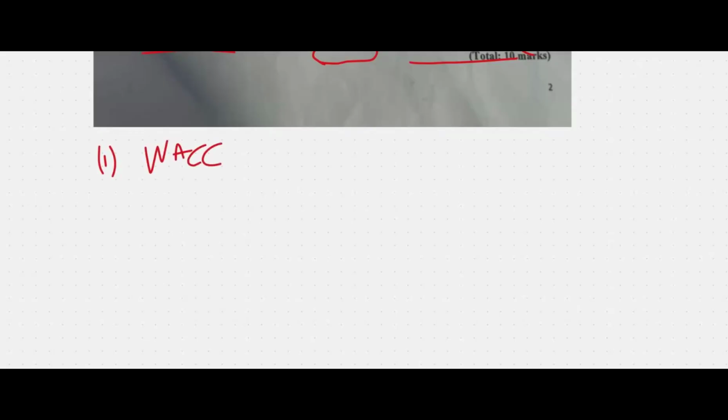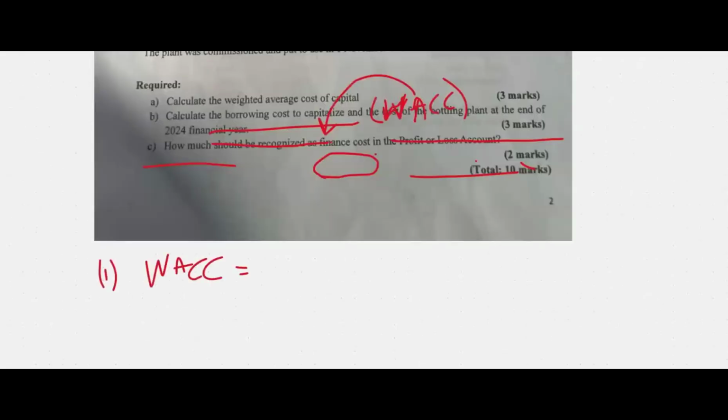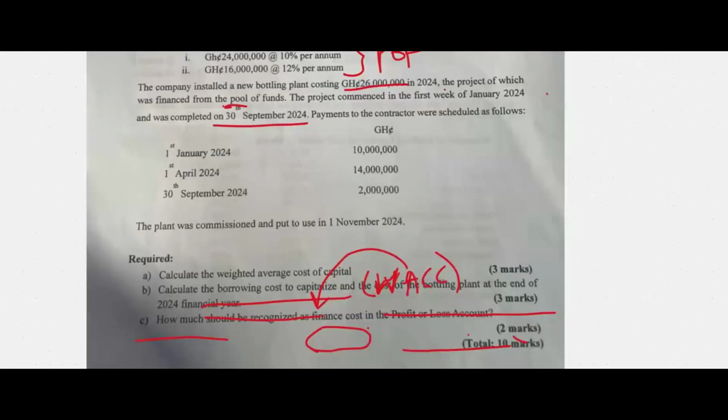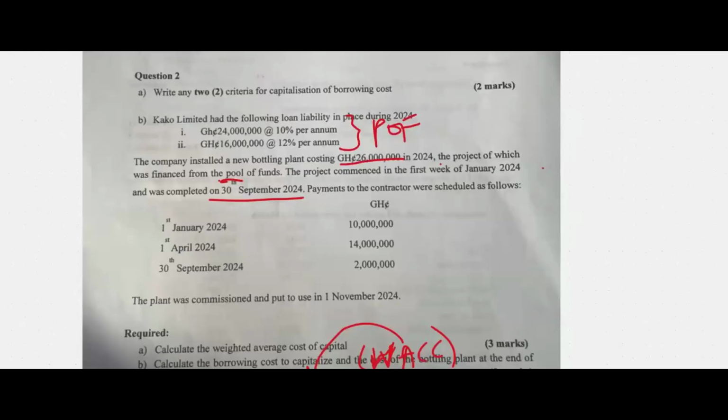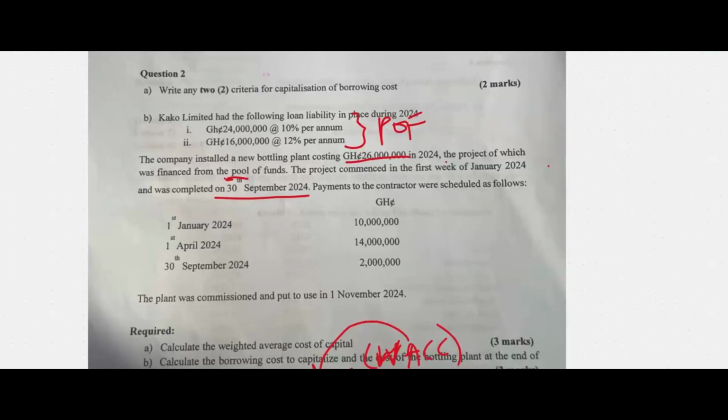So WACC will be equal to, what did we say we need when computing borrowing costs? What did we say must be present? What do we say are elements to be available or present before we can start computing borrowing costs? Who can tell me some? We just did it, about 5-8 minutes ago. What element must be present for us to be able to compute borrowing costs?